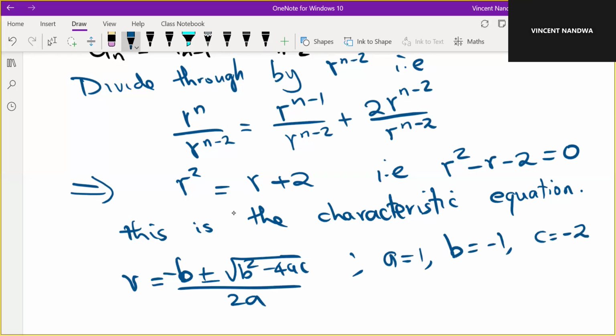So can you substitute in the values and tell me the roots of this quadratic?